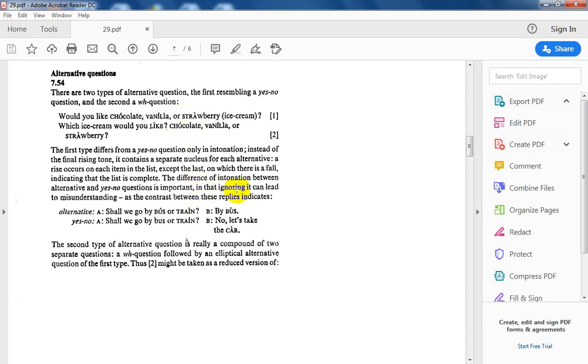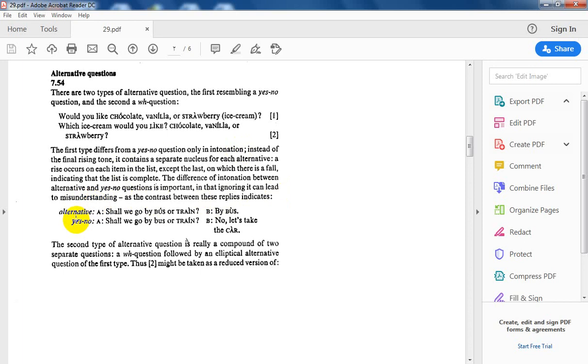The difference of intonation between alternative and yes/no questions is important, because ignoring it can lead to misunderstanding, as the contrast between these replies indicates.